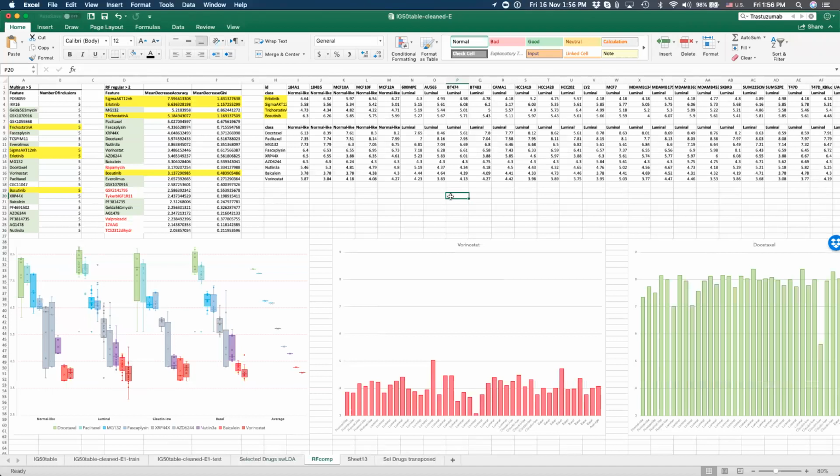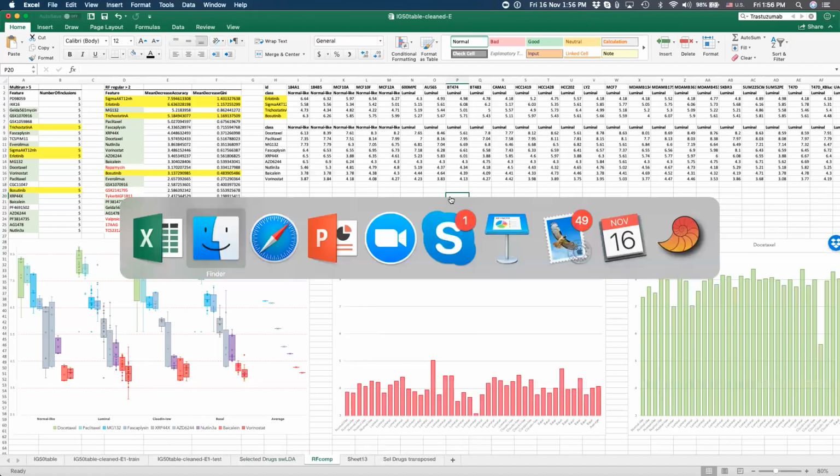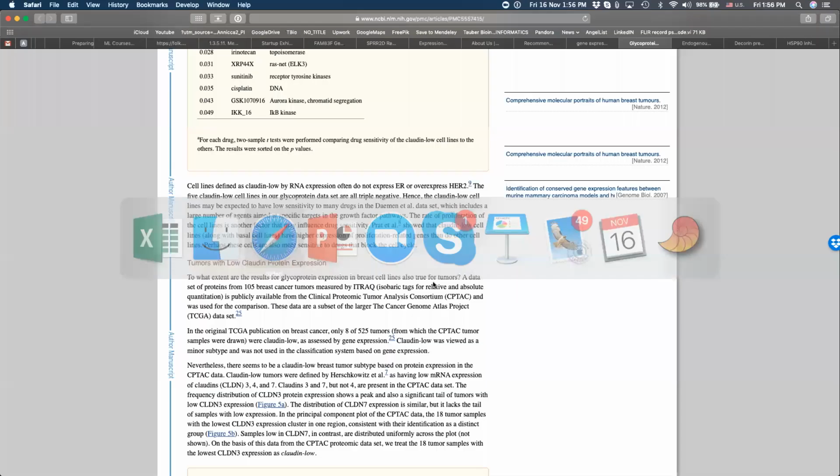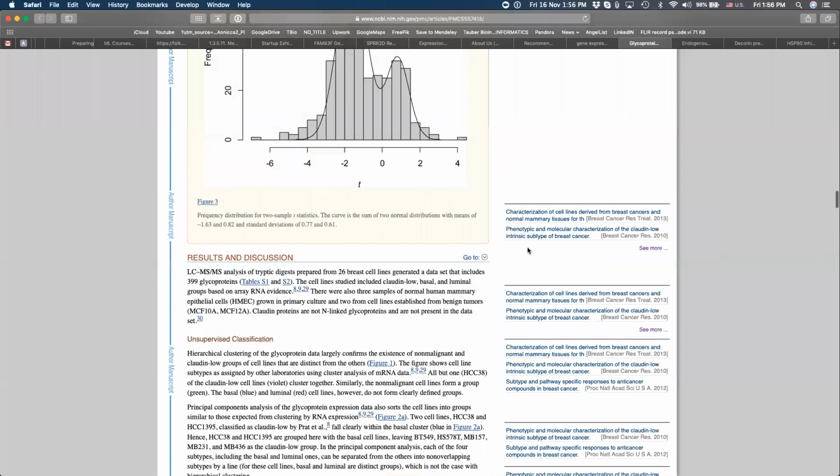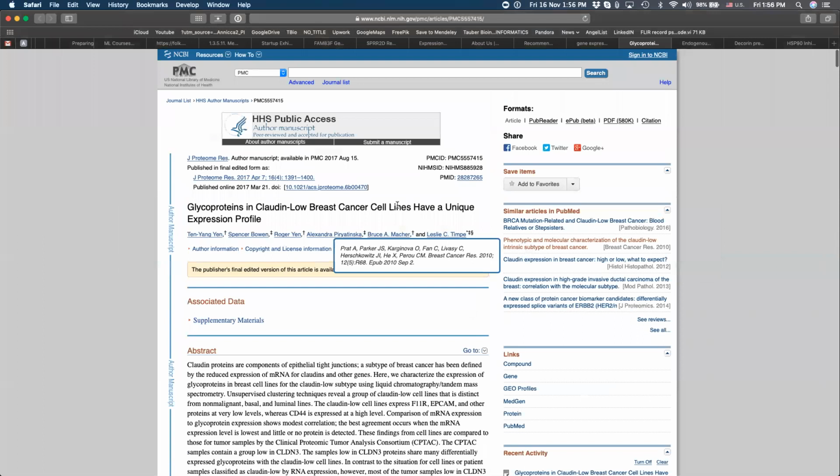Now, if you want to understand how other people approach this same kind of project idea, you can refer to this publication as a reference. So again, they set out to understand the same thing that we set out to do, right? So how can we define a specific subtype of breast cancer?